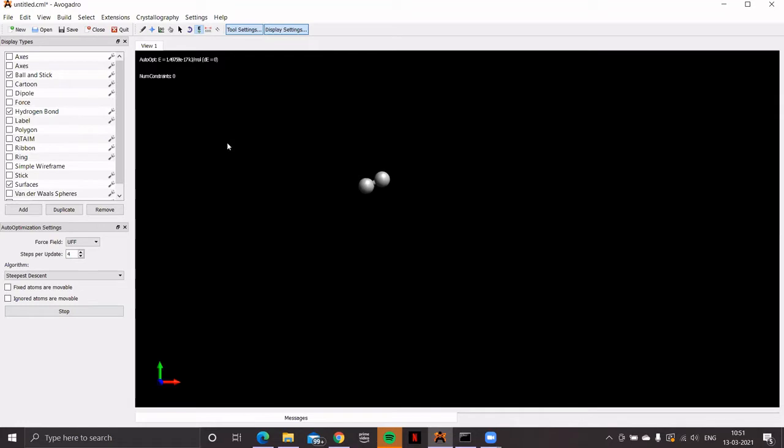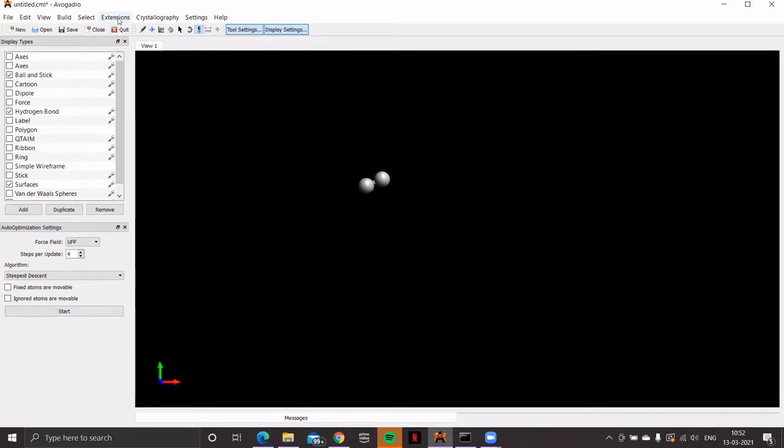So when I click on the start button, you can see that very soon it became D equal to 0. Right? Now we'll use this configuration, this structure, to make an input file for ORCA. Let me first click on the stop button. Now, I want to do the calculation for H2 positive ion. In classical molecular mechanics, there is no option to change the number of electrons, but in quantum mechanics, we can do that.